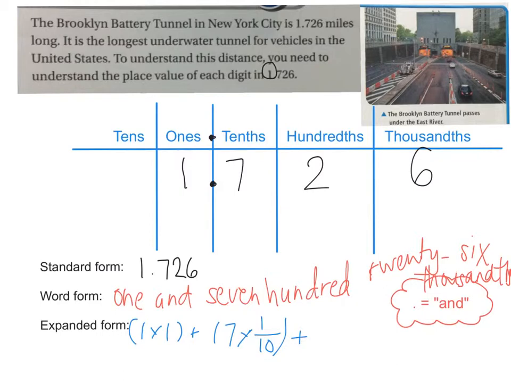Plus 2 times 1/100, times 100th. So you'll notice I wrote the 100th as a decimal, but the 1/10 as a fraction. Either one is the same because they equal the same thing, right? And Ariel, finish it up. What do we have at the end? 6 times 1/1,000. Very good.